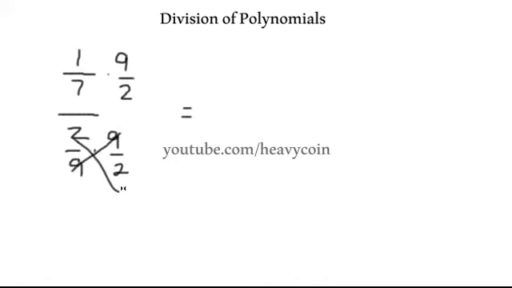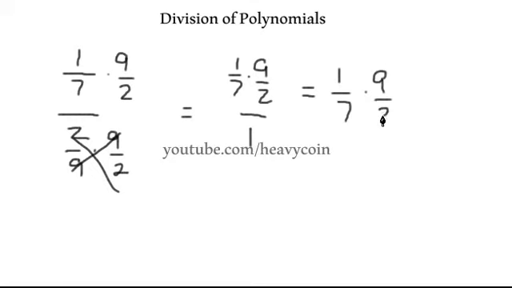This right here, those cancel out, so you're left with a 1 in the denominator, and so we have 1/7 times 9/2. There's nothing that goes into 9 and 7, and we can't simplify that down anymore, so this becomes 9/14. So the whole idea is we want to turn this division problem into a multiplication problem. From a division to multiplication is what's going on here.